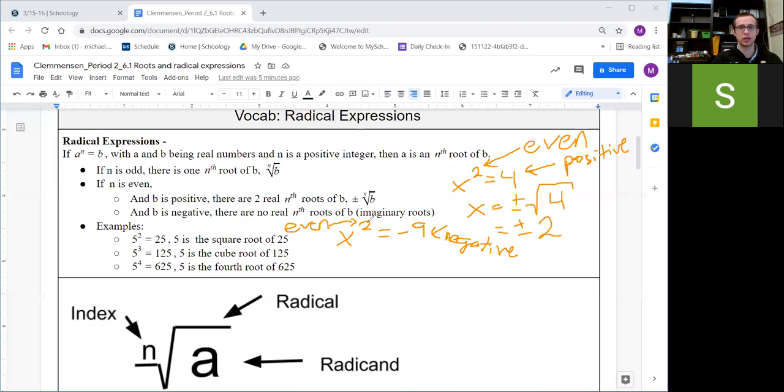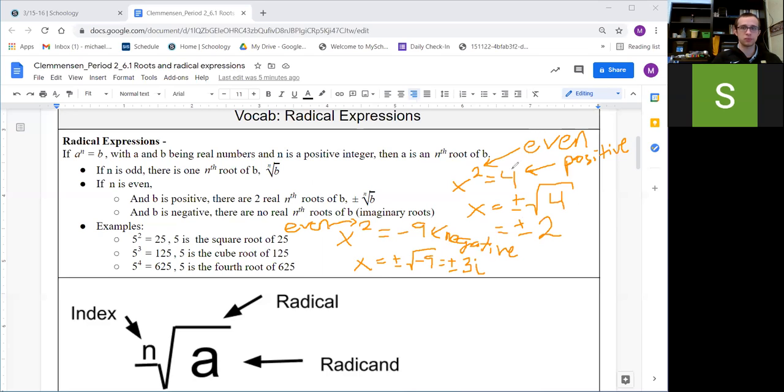We end up with imaginary roots: x equals plus or minus the square root of -9, which is equal to plus or minus 3i. So when we have that negative, we get those imaginary roots. That's how we get our solutions for these two, and that's for the even cases.